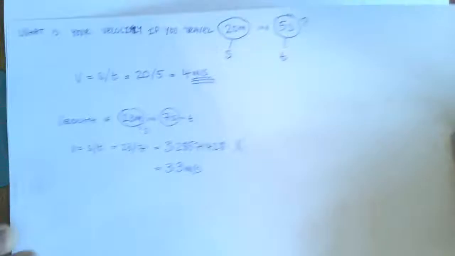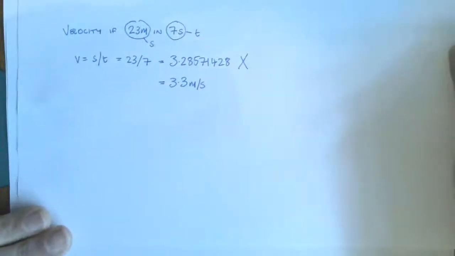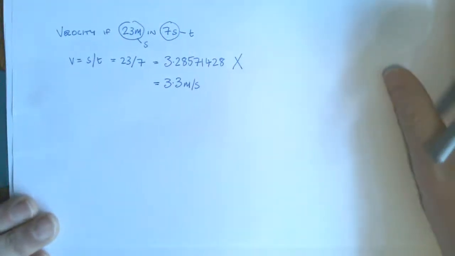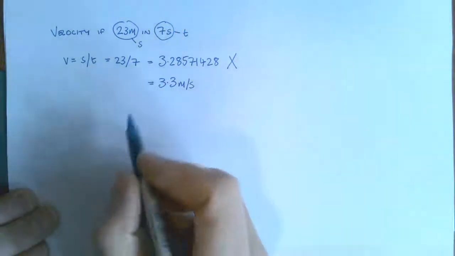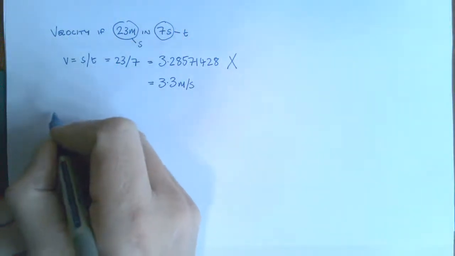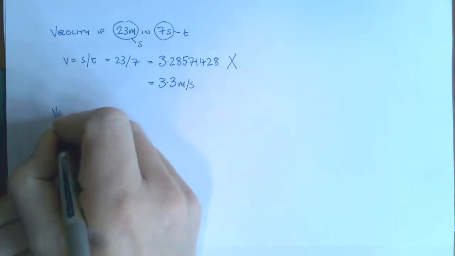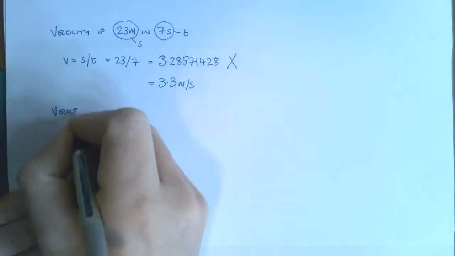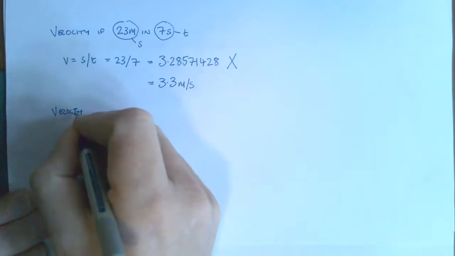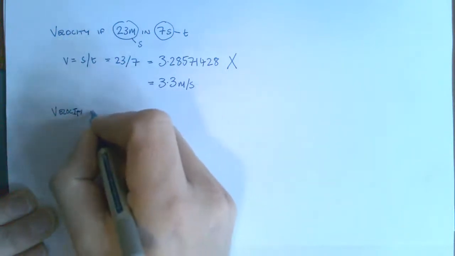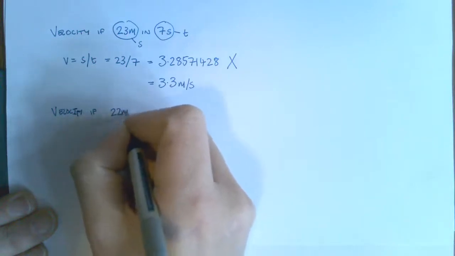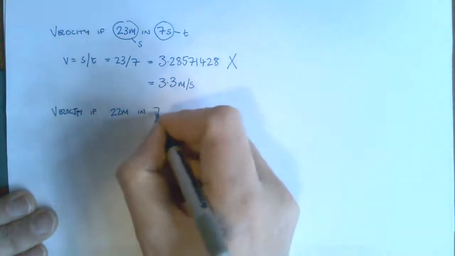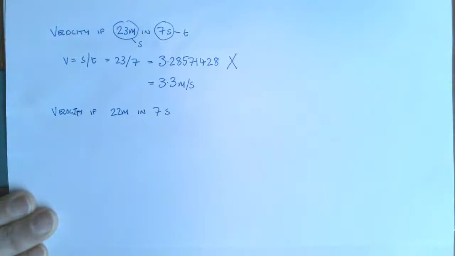There's another one that catches people out that would be correct in maths but would be marked wrong in a physics exam, and there is a reason, I'll explain. What is your velocity if you went 22 meters in 7 seconds?